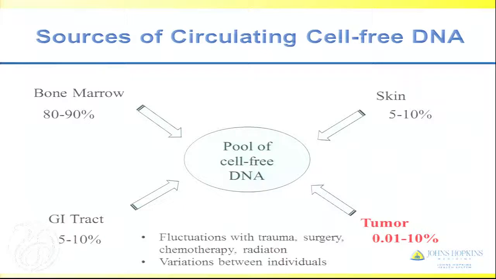In the pool of cell-free DNA in the blood, in cancer patients, we also find a small fraction, sometimes smaller, sometimes larger, depending on the tumor type and stage, of cell-free tumor-related DNA. As you can imagine, if a patient undergoes a traumatic procedure, such as surgery, or has a trauma, or you give radiation or chemotherapy, the proportions of tumor DNA and normal DNA can change. Furthermore, there can be variations between individuals, from one person to the other.